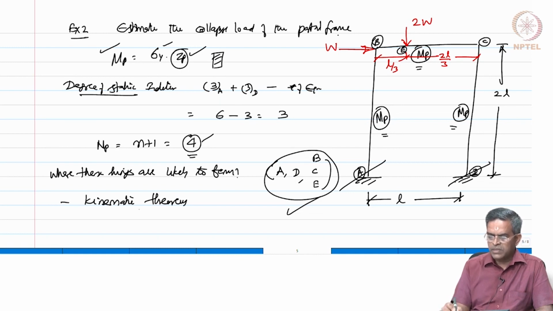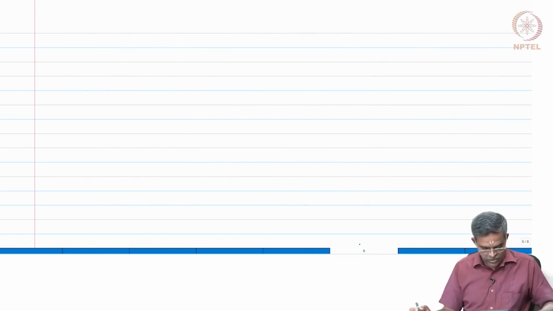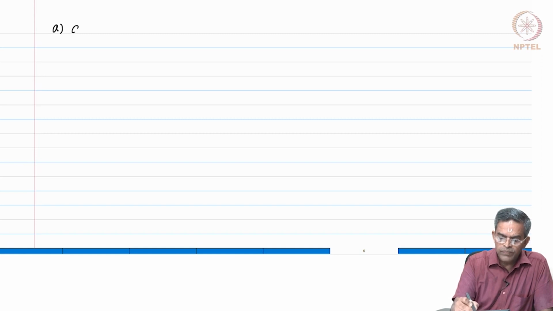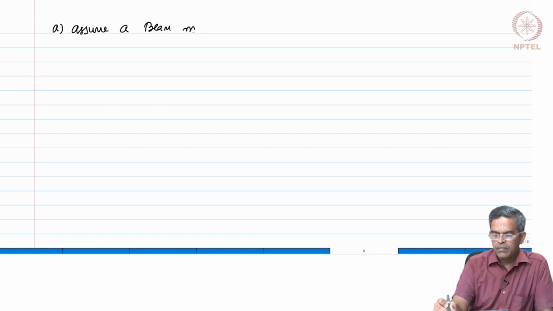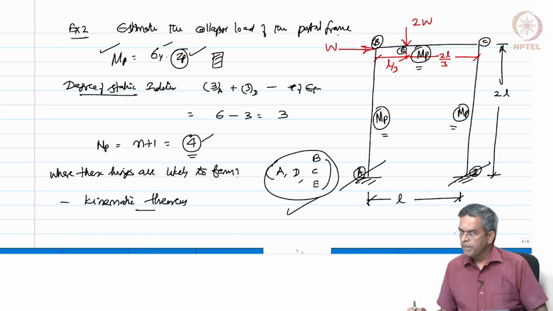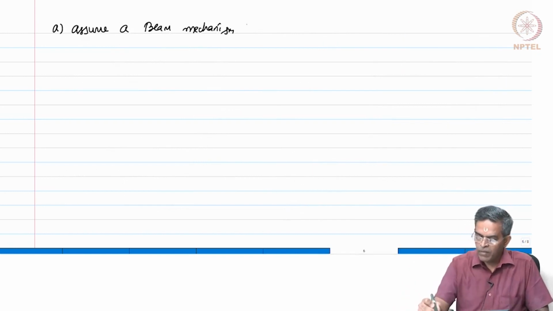The kinematic theorem states I must assume a collapse mechanism first. Let us assume a beam mechanism, which is going to be on the segment AEC or on the segment BC, on the beam BC.